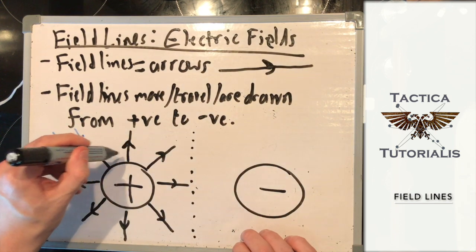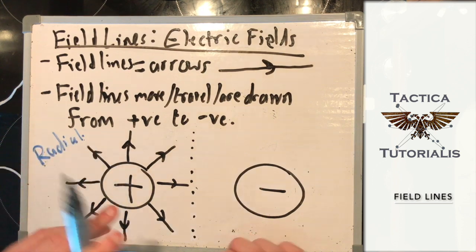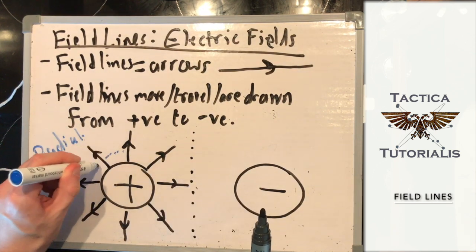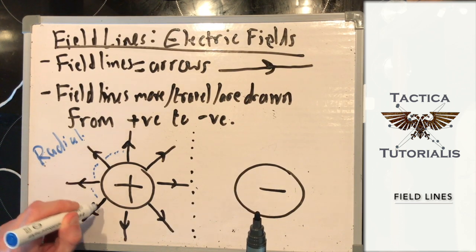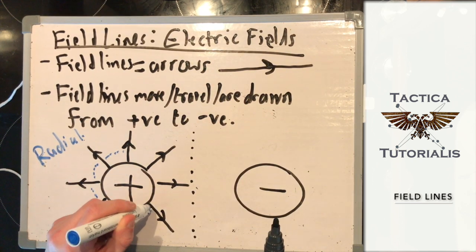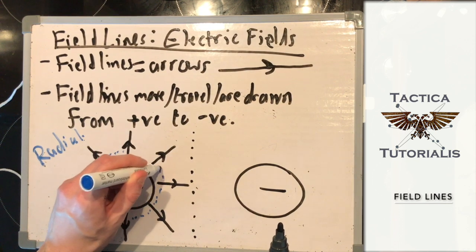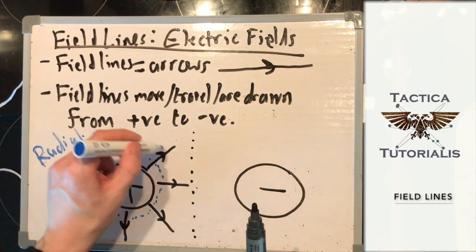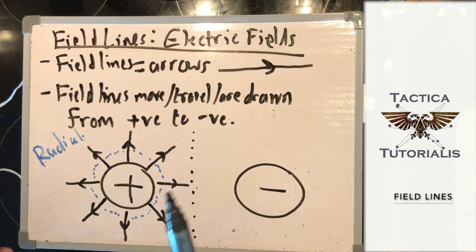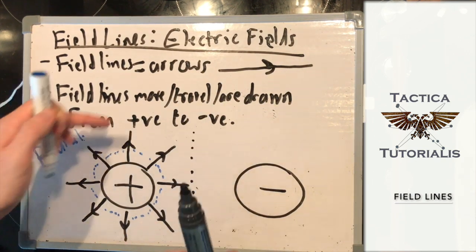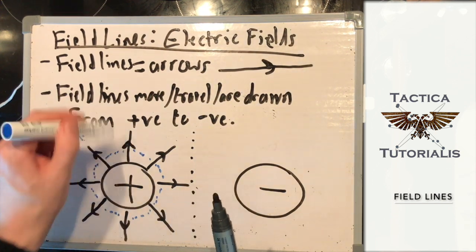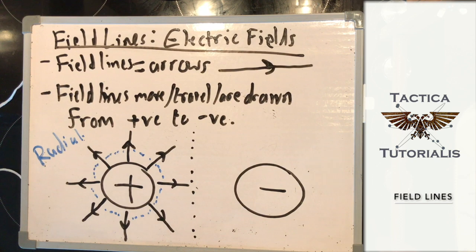And each of these, I could draw a bunch of infinitesimal circles at a given radius, and the electric field would be constant across that circle at that radius. Then at the next circle with a different radius, the electric field will be constant there, but different to the field there. It's a radial field, so it spreads out in all directions.